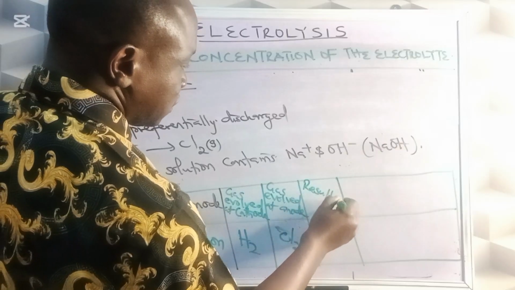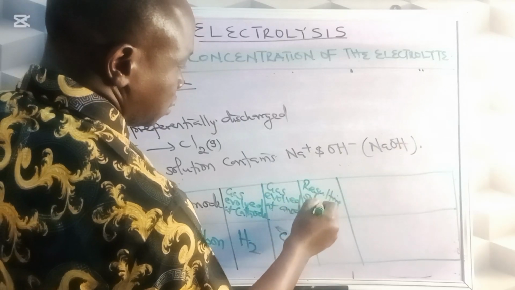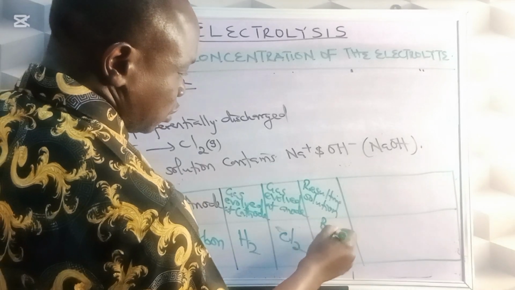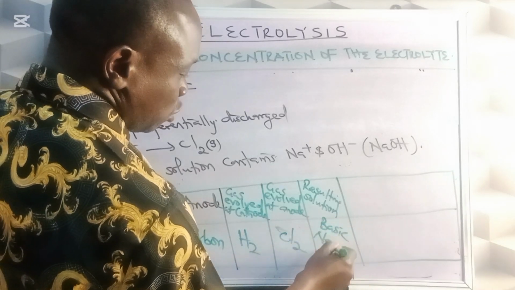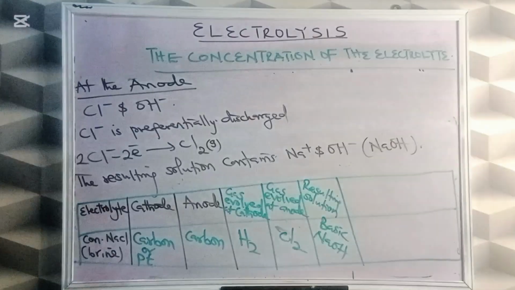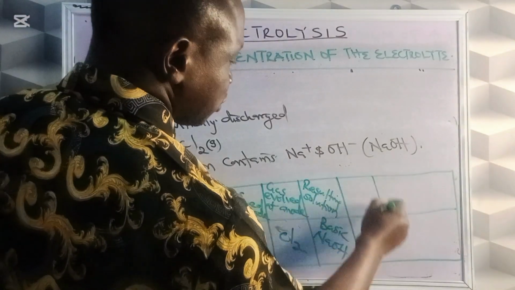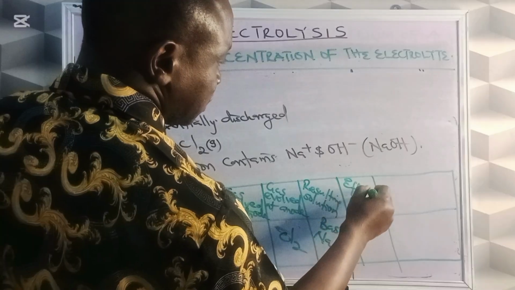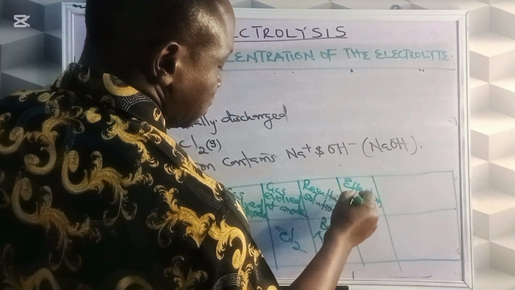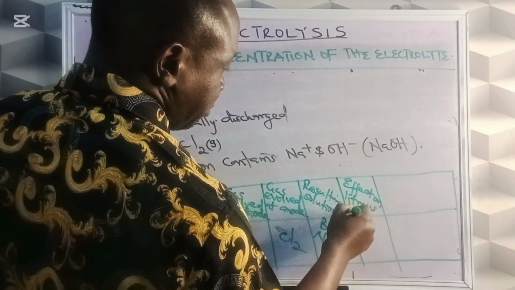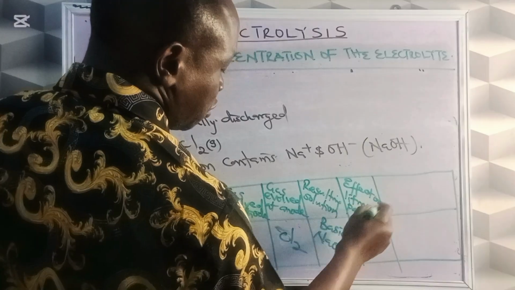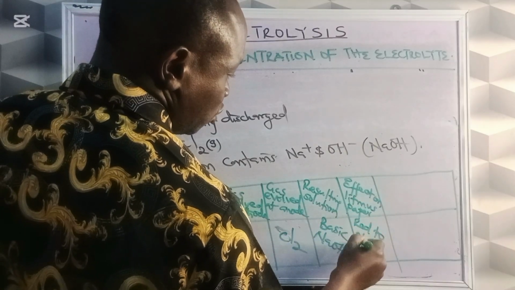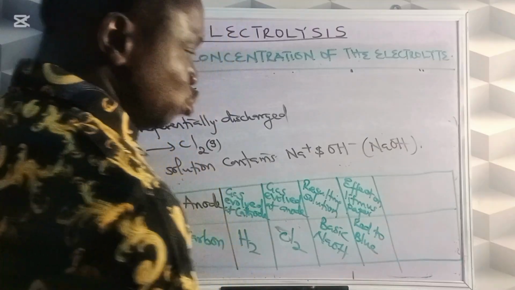After electrolysis, you know, the resulting solution is basic, which is sodium hydroxide. So what is the effect on litmus paper? The effect on litmus paper is turning from red to blue.